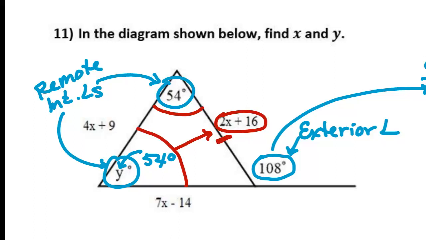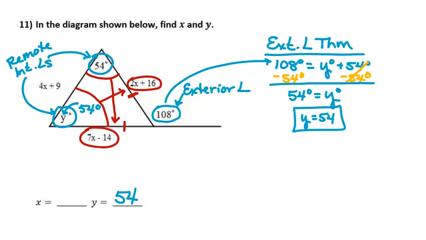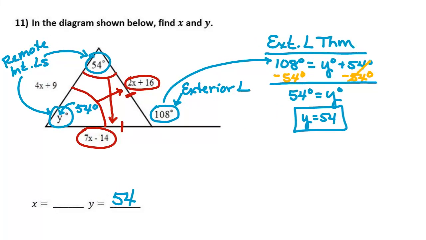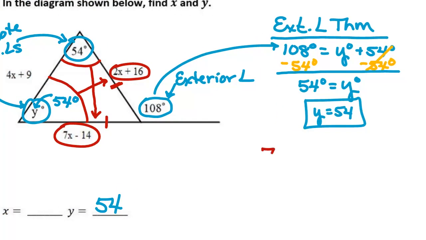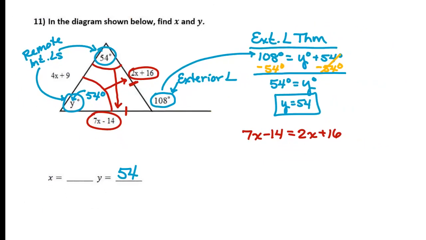So that's one of my two congruent sides. And the 7x down at the bottom is across from my 54 degrees up at the top. They are the same size as each other, which means I can take those expressions and set them equal, because those sides are the same size as each other.